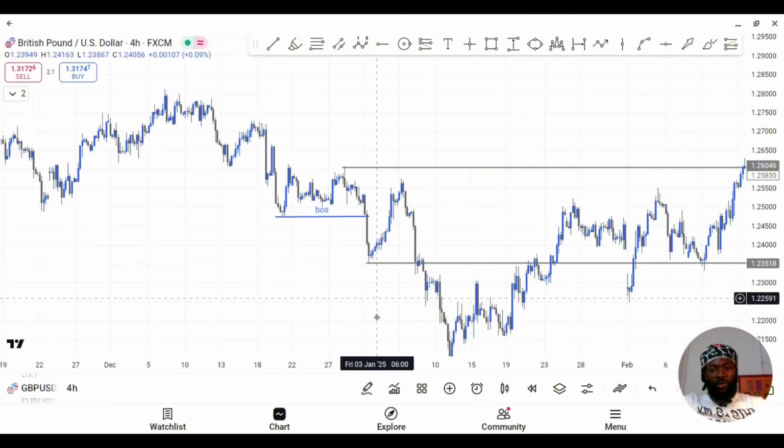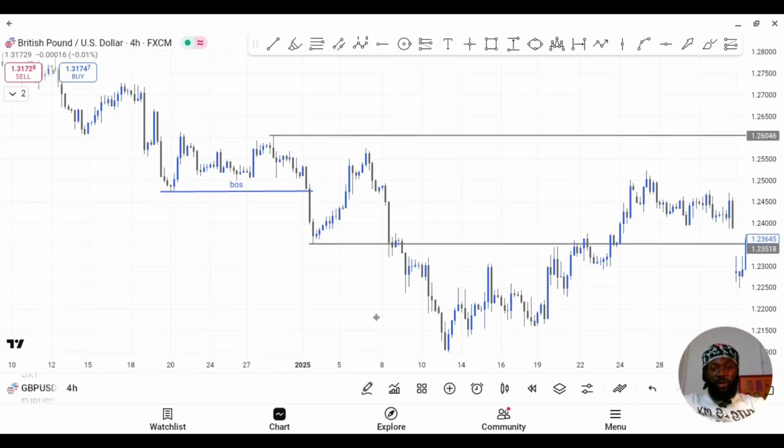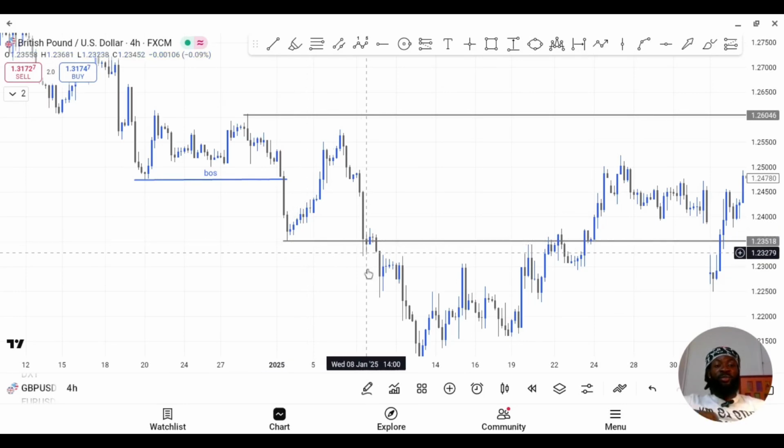Now watch the market. There is something I need to explain here. There is what we call a wick. If the candle did not close below this line, it's not a break of structure, it's just a liquidity sweep.